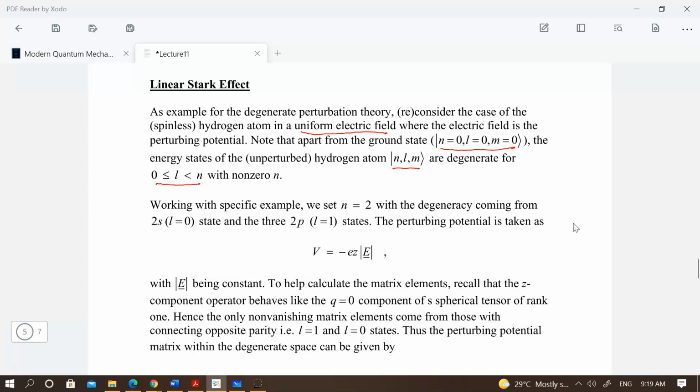So in other words, we have only considered the case of the ground state in the non-degenerate perturbation theory, because that is the one where you have non-degeneracy. The rest of the states are going to be degenerate. So what we had before in this particular case was what we call the quadratic Stark effect.